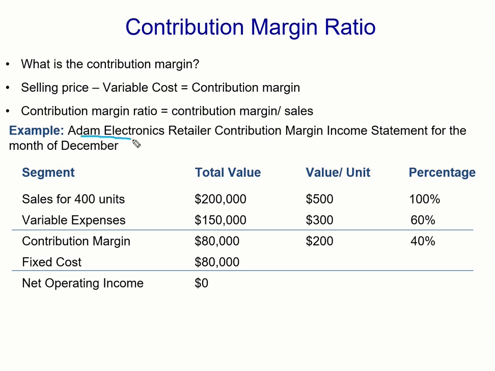Now, this is the company that we are working with, Adam Electronics Retailer. Remember, Adam sells tablets, and the price per tablet is $500. For this scenario, we are selling 400 tablets. 400 tablets times $500 is sales of $200,000.